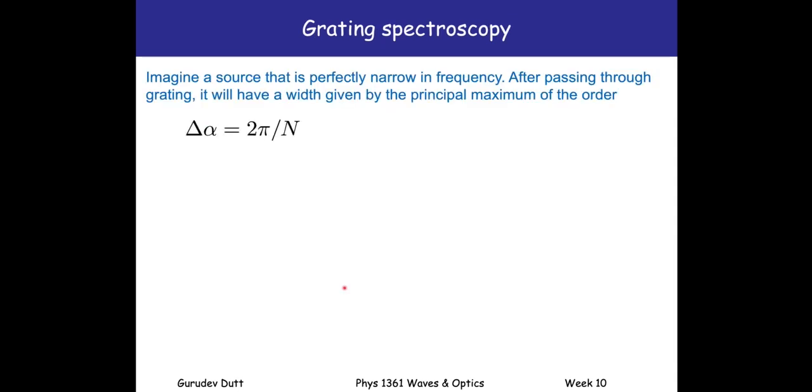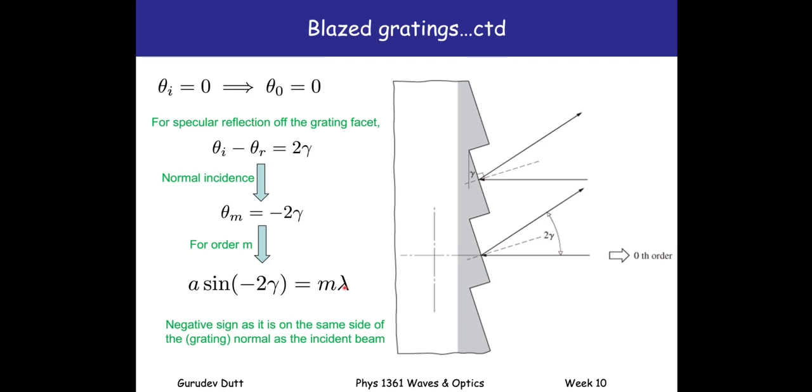So this allows us to control the amount of, and that will give us the brightest beam that comes out from this blazed grating, and that will be the order that we can choose. If we satisfy a sine 2 gamma equals m lambda, that will give us the brightest beam in the mth order of the grating. And so this is a way in which we can control the intensity of the different orders of the grating.